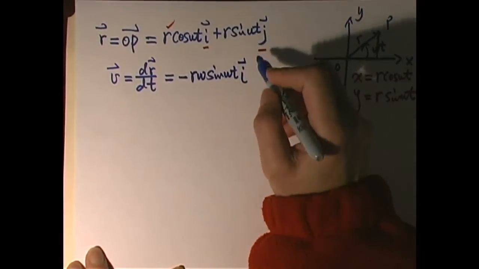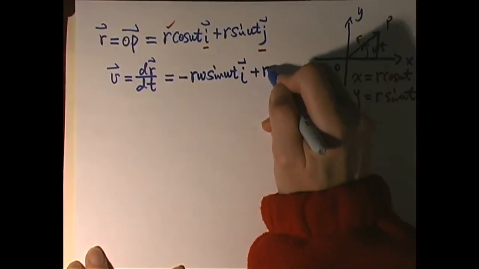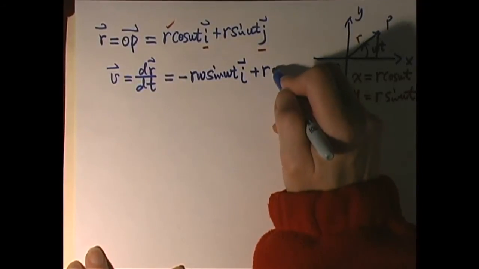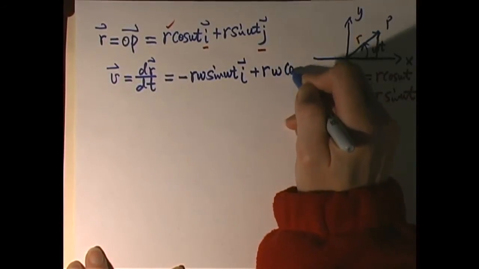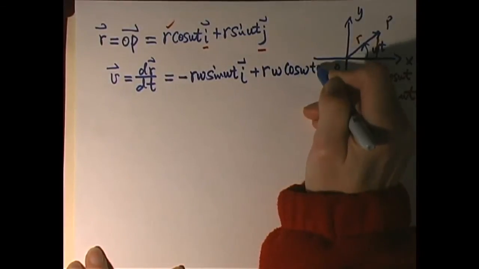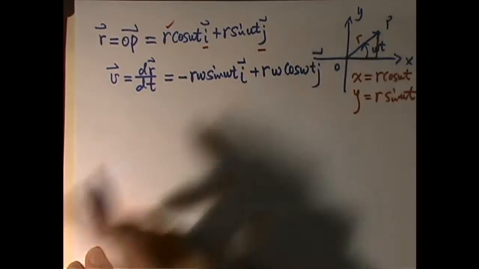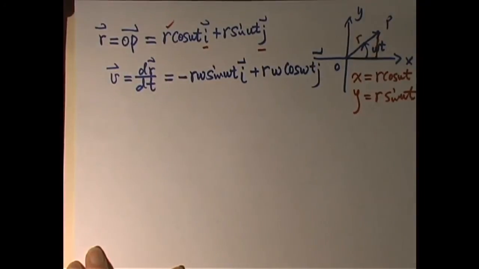When we differentiate sine, sine changes to cosine. So we have r, and omega also comes out, so r omega cosine omega t j. This is the velocity expression.